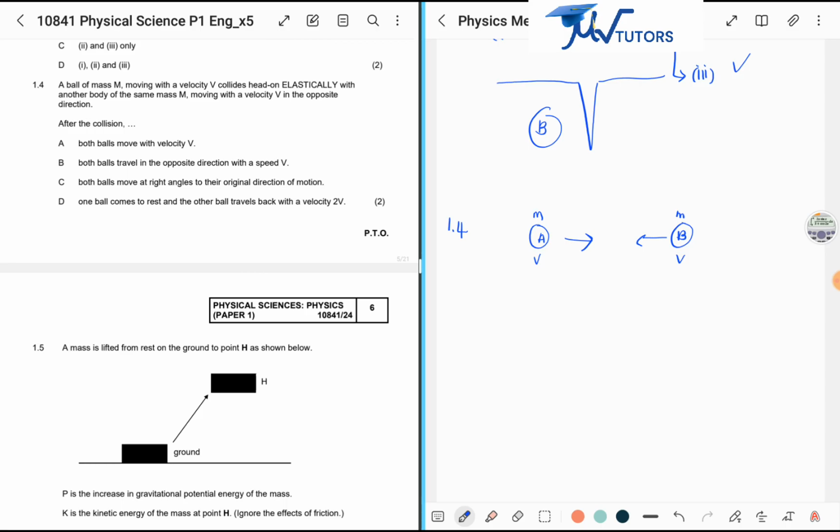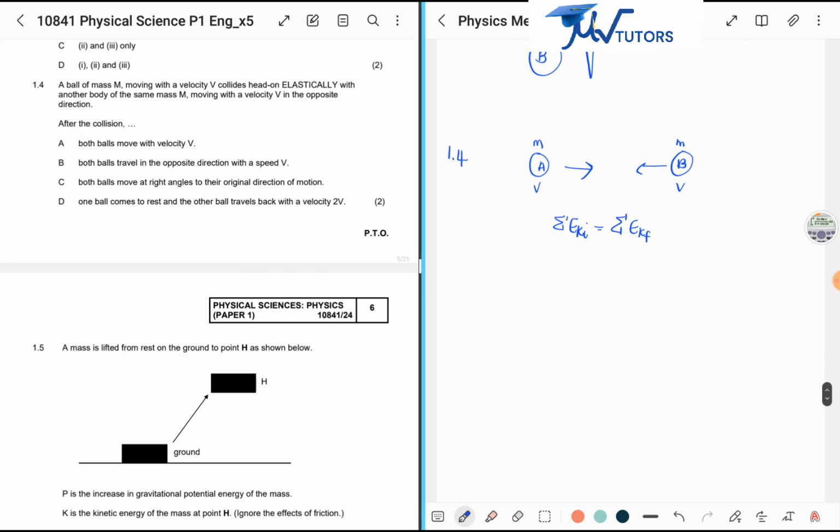And they told us it is elastic, right? So the head-on collision is elastic. So what we know then is the sum of kinetic energy before is equal to the sum of the kinetic energy afterwards.